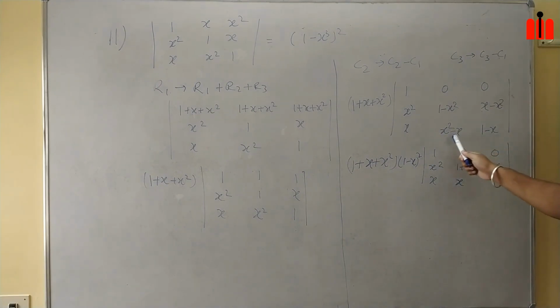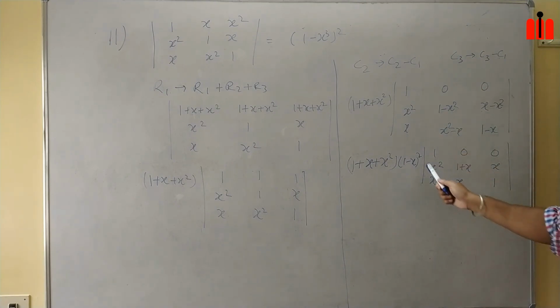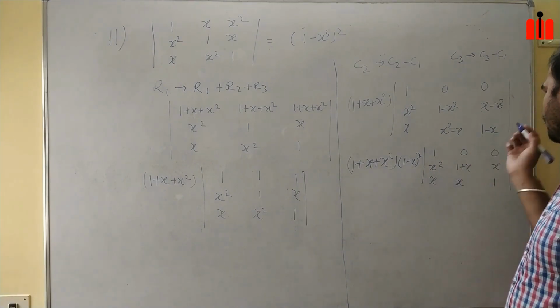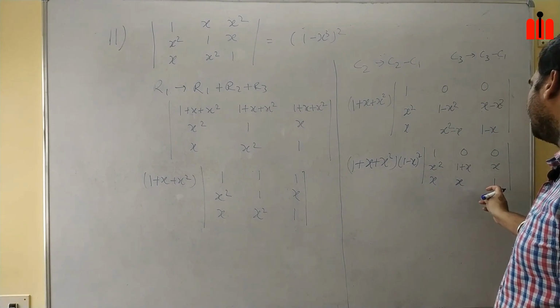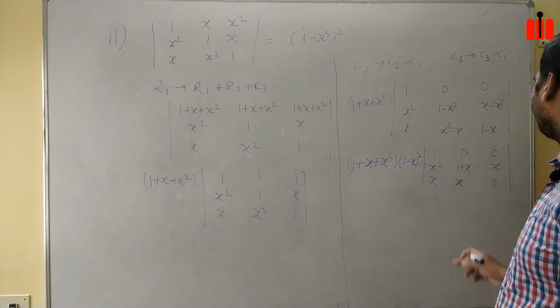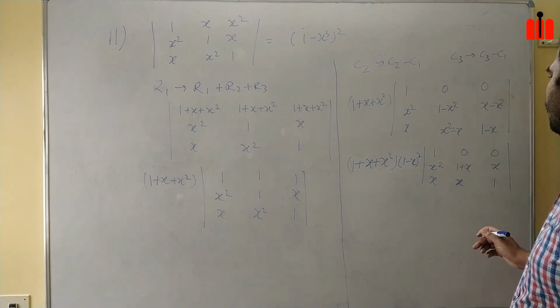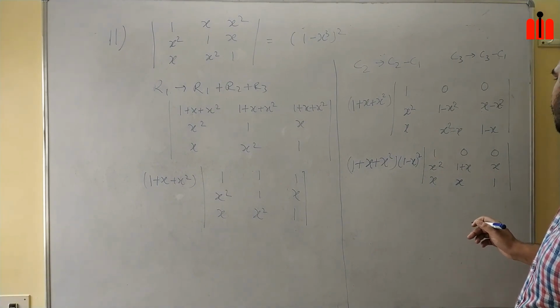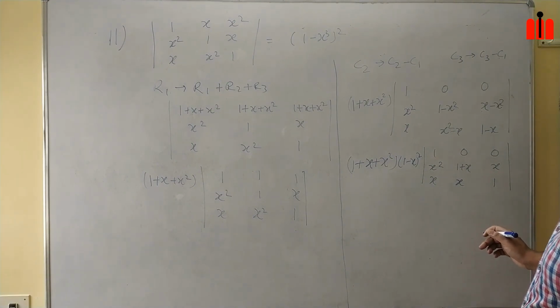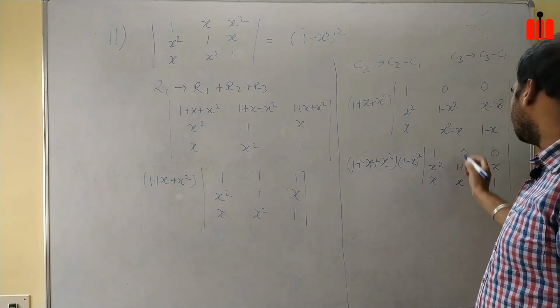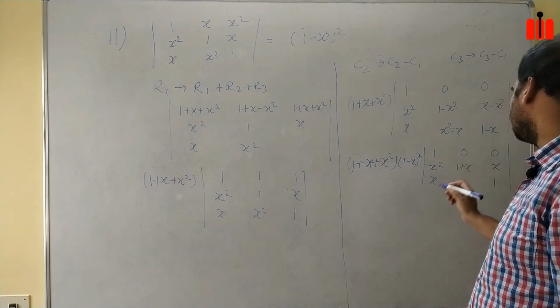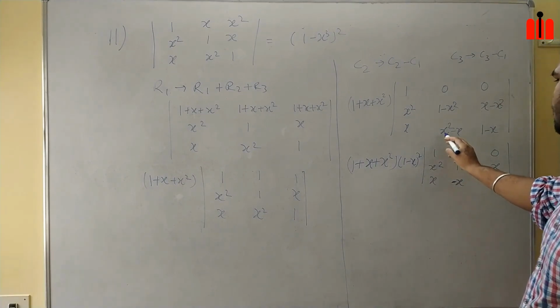Because you are taking 1 minus x common from both of the rows, from here 1 minus x will come, here 1 minus x. So it will become (1 minus x) square. After that you will multiply this, so you will get here x minus 1, so here it will become minus x, because here it is not 1 minus x, it is x minus 1.